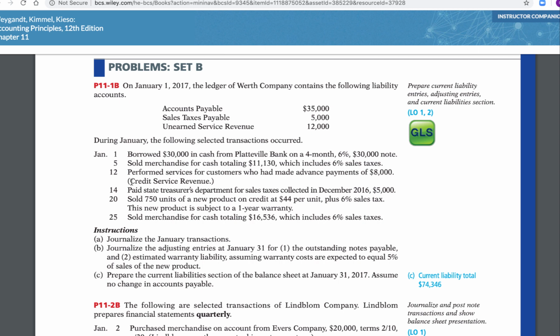Customer was okay with that. January 12th rolls around. We actually perform those services. We do not have a liability anymore. Why? Because we earned that sales revenue, right? We went from receiving cash, owing somebody a service, that's the unearned service revenue. Later on down the line, we actually provide that service. We have earned service revenue.